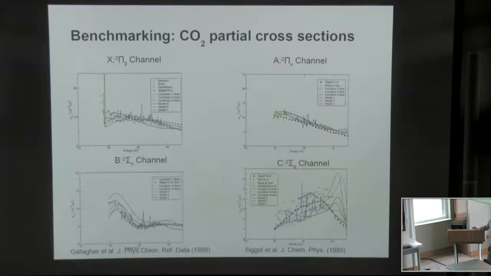But then we look at models 2 and 3, they give very similar results, and seem to be closer to the experimental results.